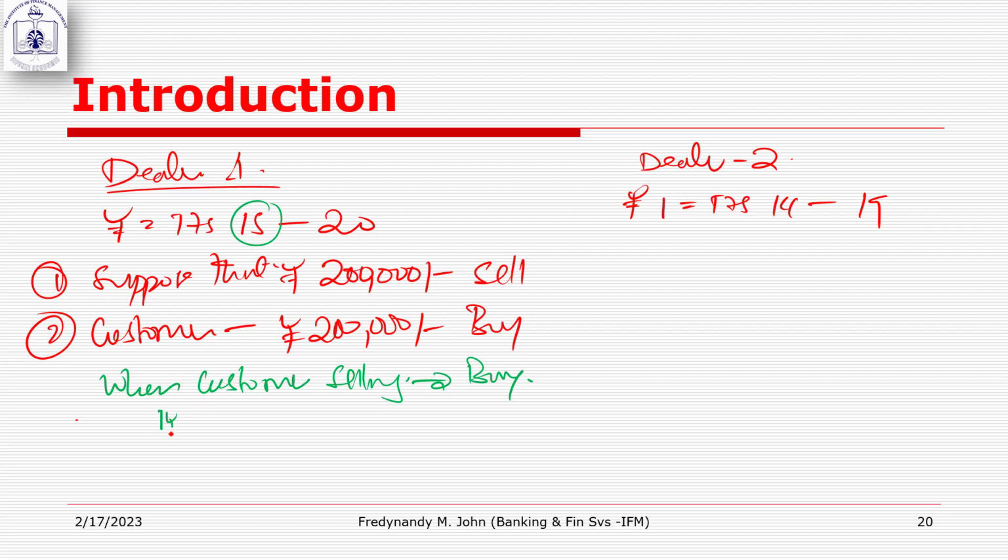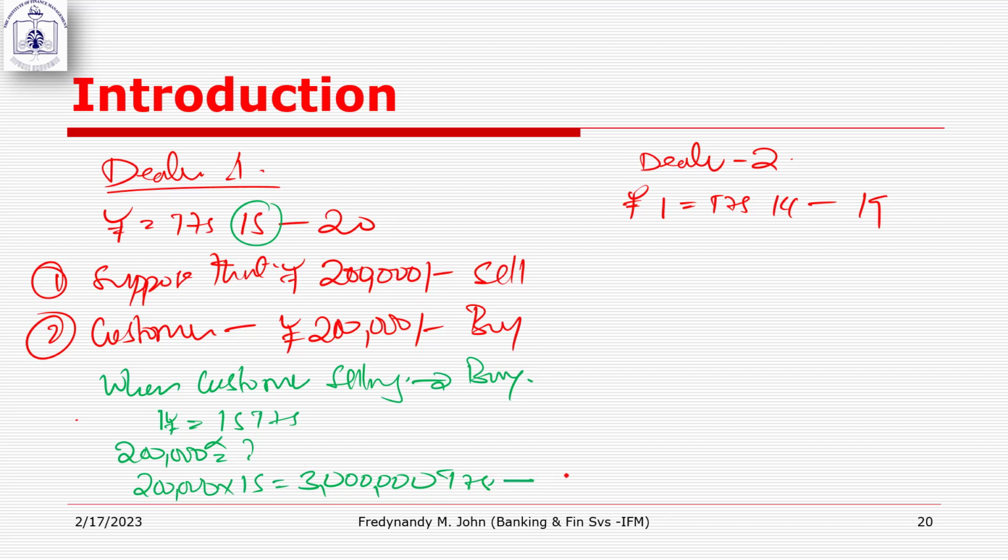Therefore, 1 Japanese yen equals 15 Tanzanian shillings. Now this customer has 200,000 Japanese yen. How much will that be? All you have to do is multiply the 200,000 by 15, which is going to give you 3 million Tanzanian shillings. This is the amount the bank will pay to the customer, dealer 1.